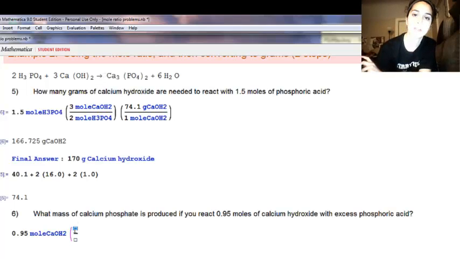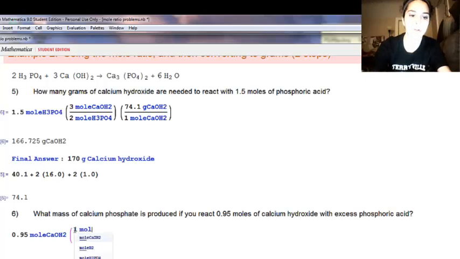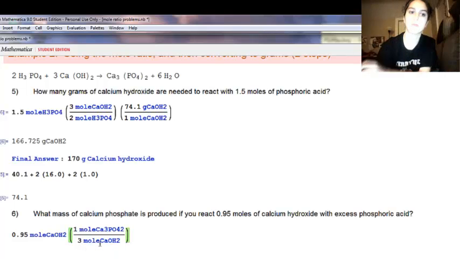We put what we want to keep in the numerator. So 1 mole of calcium phosphate for every 3 moles of calcium hydroxide.